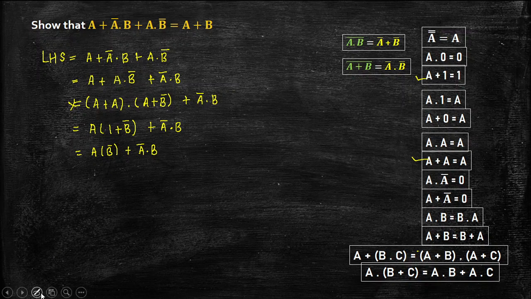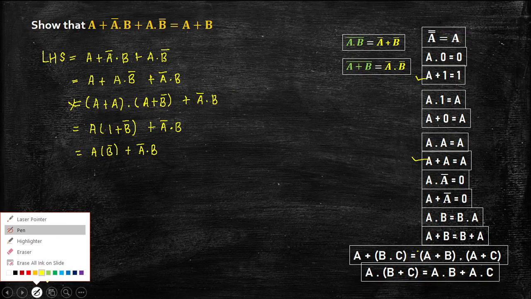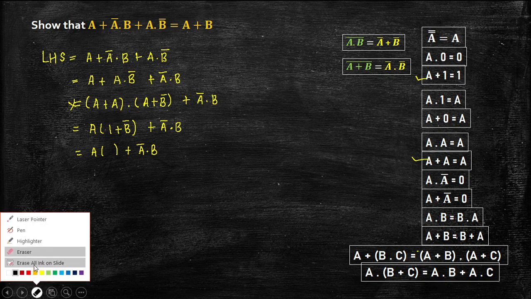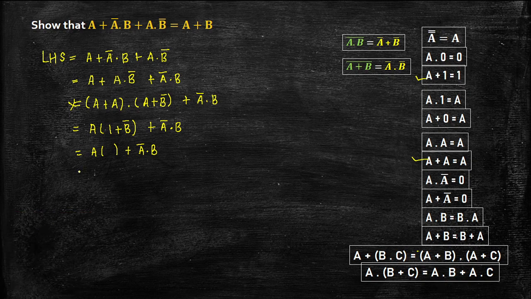Let me erase it. Yes, it will be 1. So you will get 1 plus a complement dot b. This 1 into a is going to get a back, so therefore this will be the law.